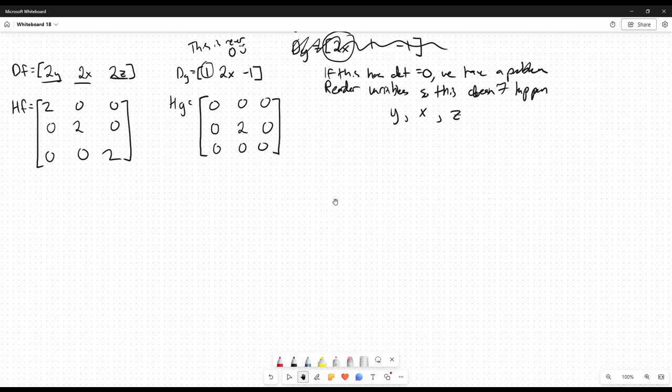So if we do that, it's going to equal 2, 0, 0, 0, 2 minus lambda times 2, or you could say 2 lambda if you really wanted to, 0, and then 0, 0, 2.